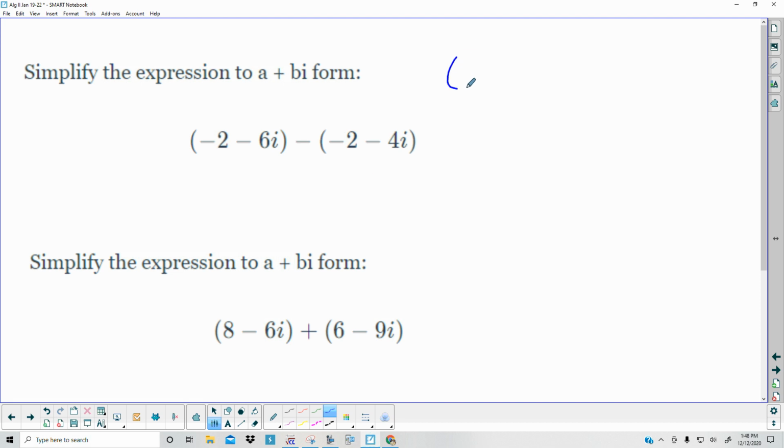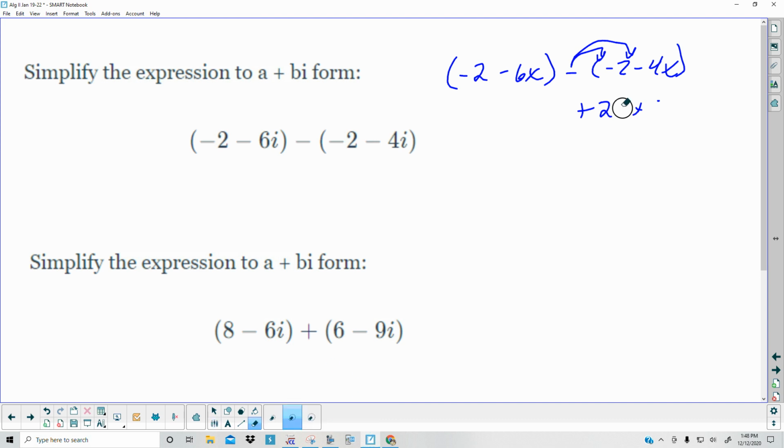So if you guys were to just have negative 2 minus 6x minus 2 minus 4x, all you guys would do is distribute this subtraction through. So you'd get plus 2, plus, oops, sorry about that, I invented that one. So plus 2 plus 4x, and you would just add like terms. Well, this isn't any different.